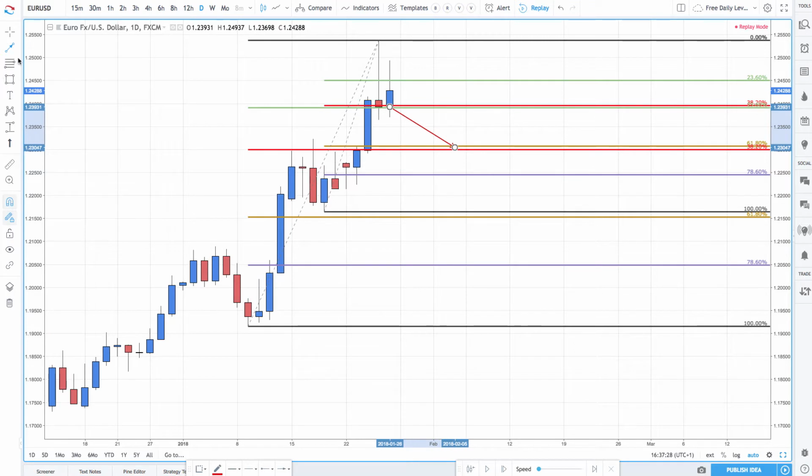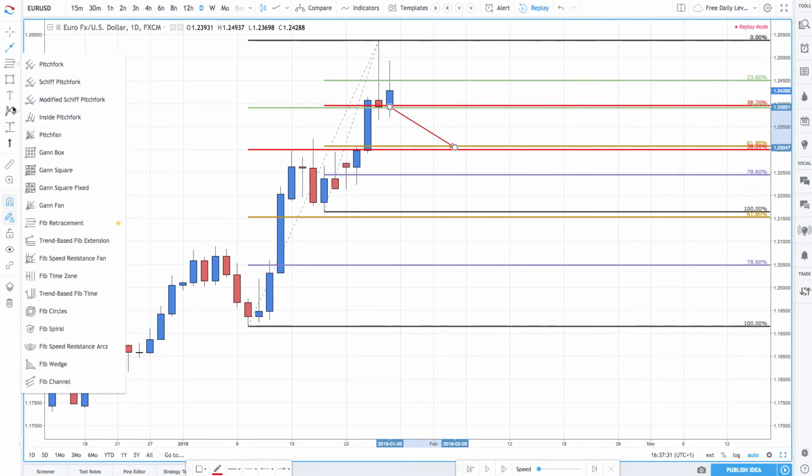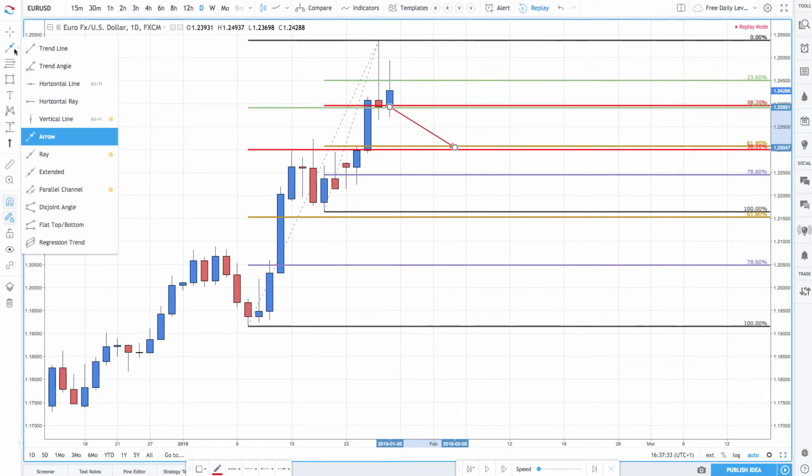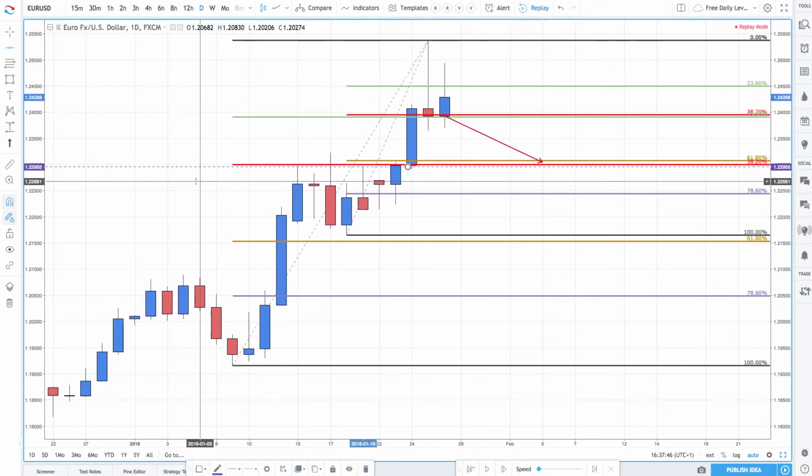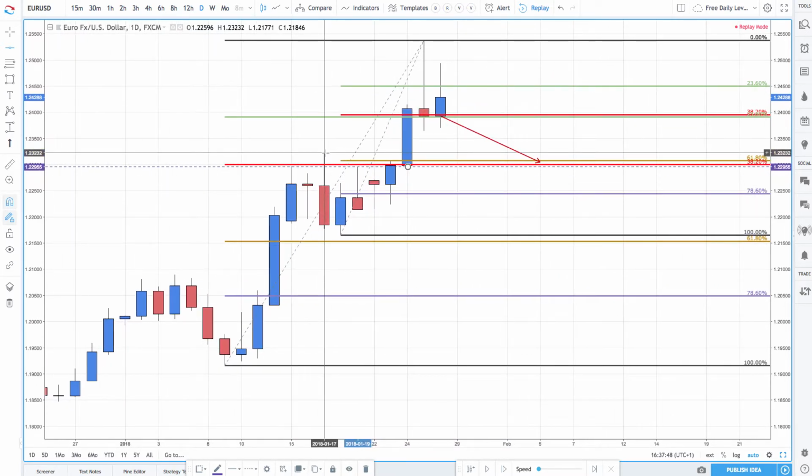Let me draw support and resistance how other traders draw it. They probably draw it as lines, but in fact, I'll draw it as a zone.